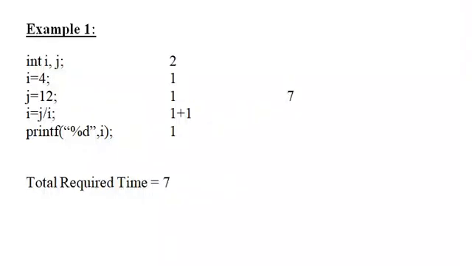Now we are dividing j by i, so for this division 1 unit of time is taken, and then for assigning the result value to i, again 1 unit of time is taken. Next, for the print function, another unit of time is taken. So the total time required for this particular code is 7.